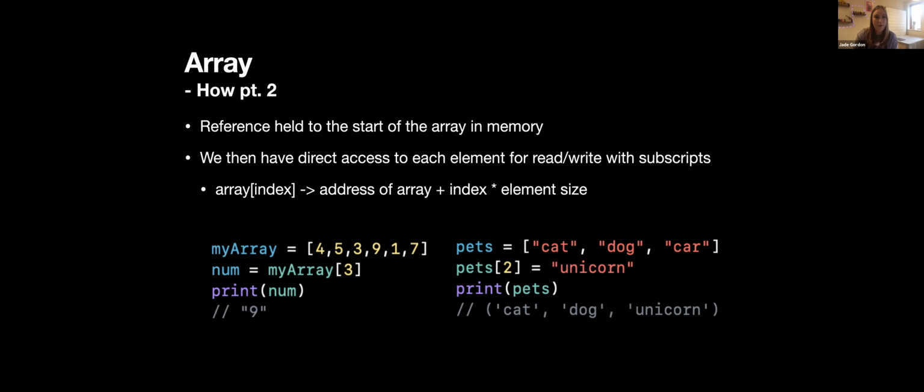My array starts wherever it starts, and we want the element at index 3. So we would multiply 3 times the size of the element, which would give us the value here, which was 9, and then we print out the number 9.